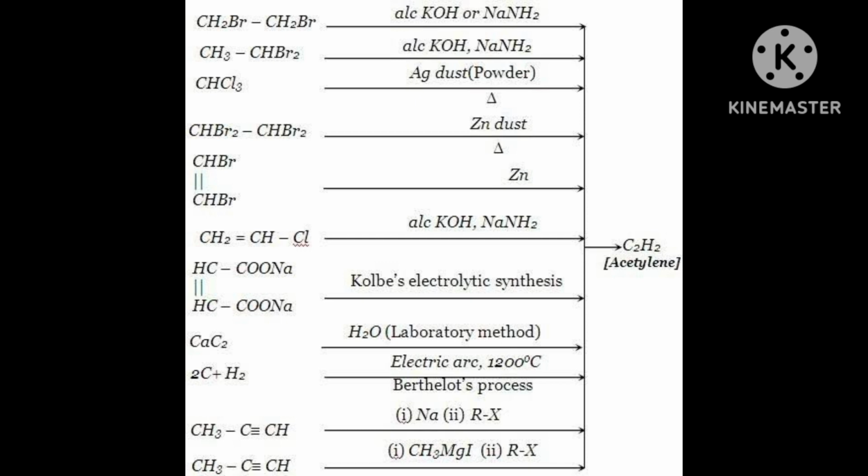In acetylene, the hydrogen is losing its electron, and they are behaving as a base. Correct? That's why H and H will form hydrogen gas, H2. Due to this it is called acidic. Hence hydrogen atoms of ethine attached to triply bonded carbon atoms are acidic in nature. This I have told you.